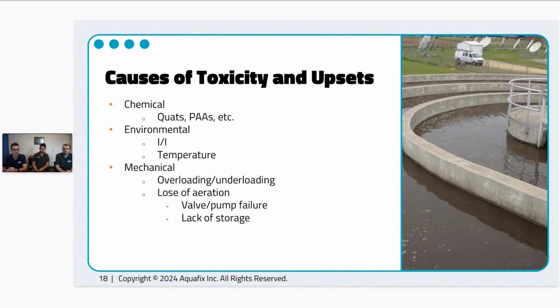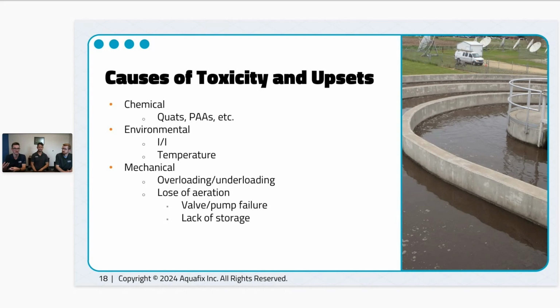Other environmental concerns, though, are going to be mainly on the municipal side, where you're dealing with a lot of I&I, high and low temperatures, and a whole host of even midge flies. Mechanical issues, that's really obviously going to be any plant, whether you're dealing with high BOD loads, high dairy loads, or for those facilities that are mainly seasonal, where you get low flows at certain points of the year and high flows at other points.